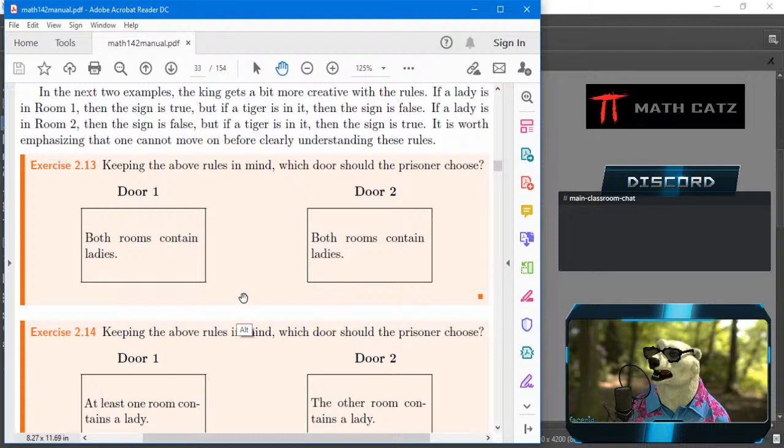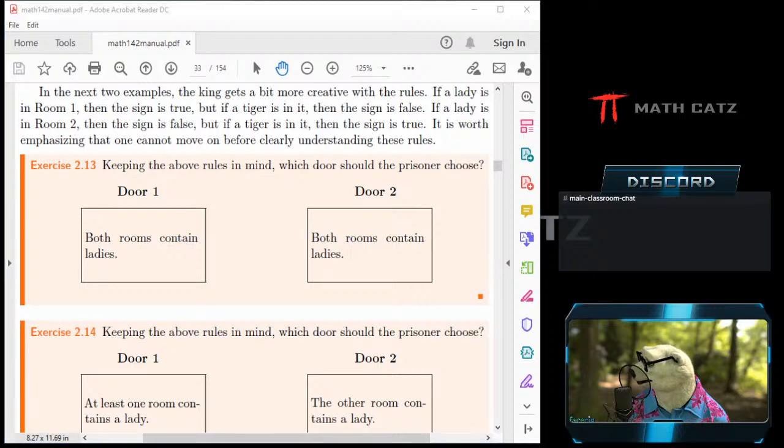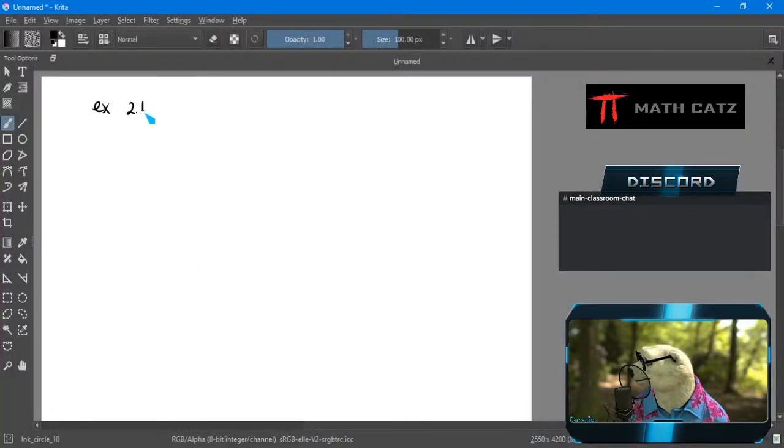Regardless, in Lady and the Tiger, the king doesn't say anything about scenarios that aren't possible. I have two doors, so I can definitely set that up before looking at the detail, which happens next.